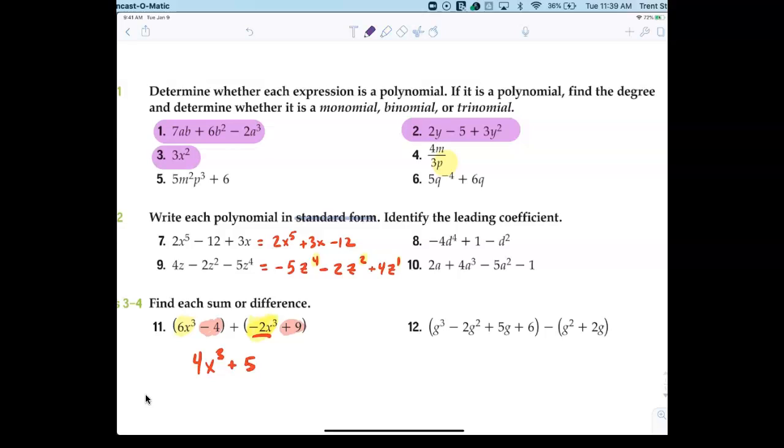That P excludes it from the definition of a polynomial or a monomial. Number 5 is called a what? Binomial. What is number 4? None of them. That's what we just said. It's not classified as a polynomial.